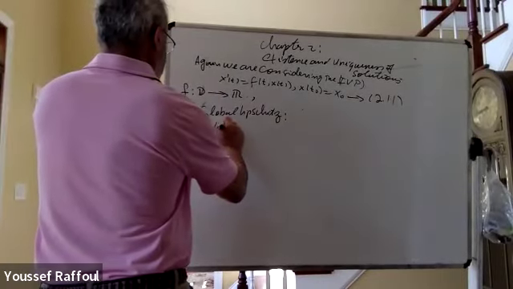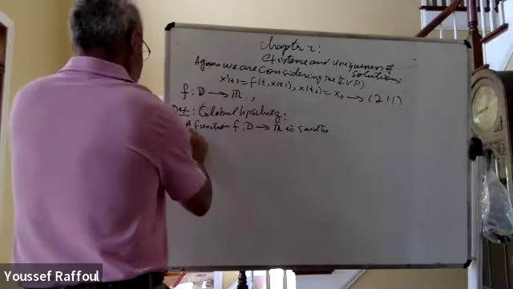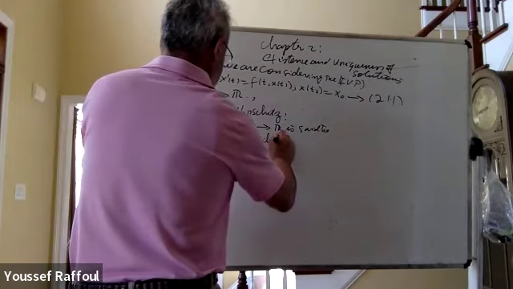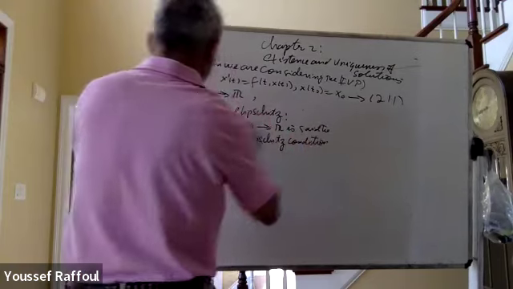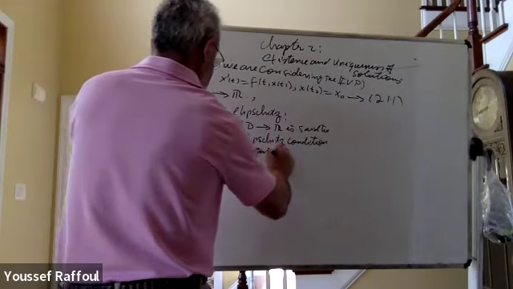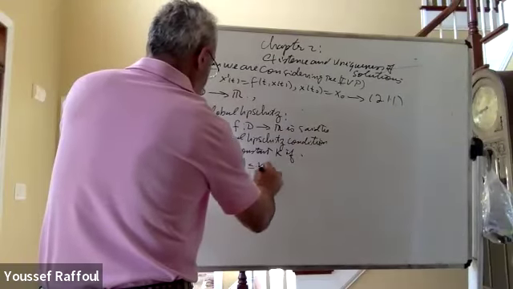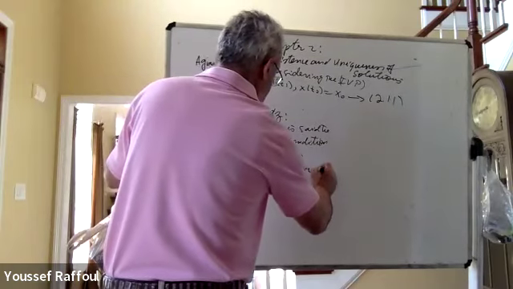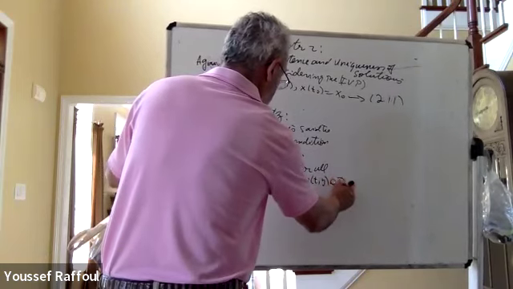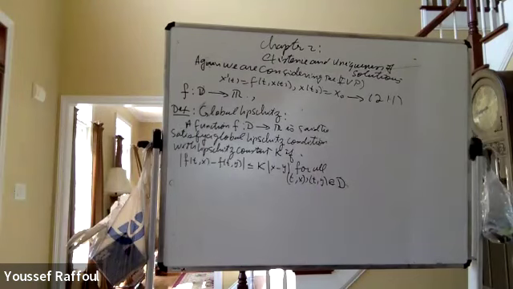A function f from D into R is said to satisfy a global Lipschitz condition with Lipschitz constant K if |f(t,x) minus f(t,y)| is less or equal to K times |x minus y| for all (t,x), (t,y) in D. Okay, so this is a global Lipschitz condition. Dwell on it for a second.